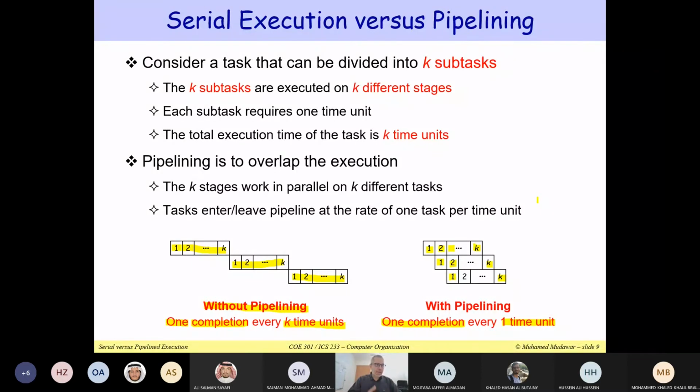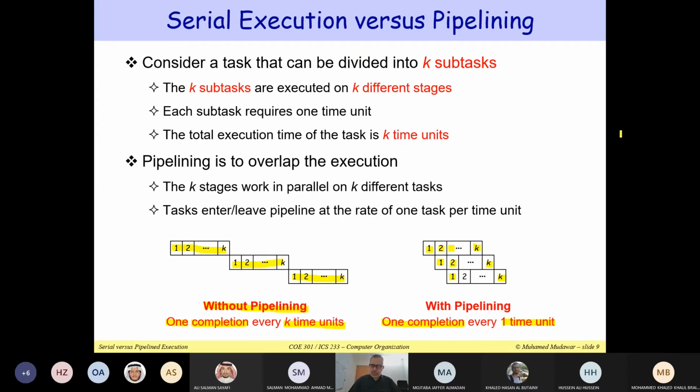When we have many loads of laundry, we don't really have to finish one load to start another one if we have multiple resources. We have the washing machine, the dryer, and a human resource that can fold and put the clothes into the cabinet. So you see, we can reduce the execution time using a pipeline.